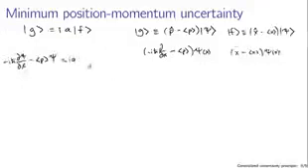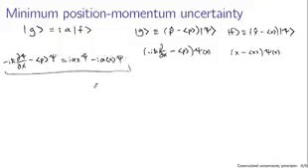We've got i times A times x times psi of x minus i times A times expectation of x times psi of x. This right here is a differential equation for psi.